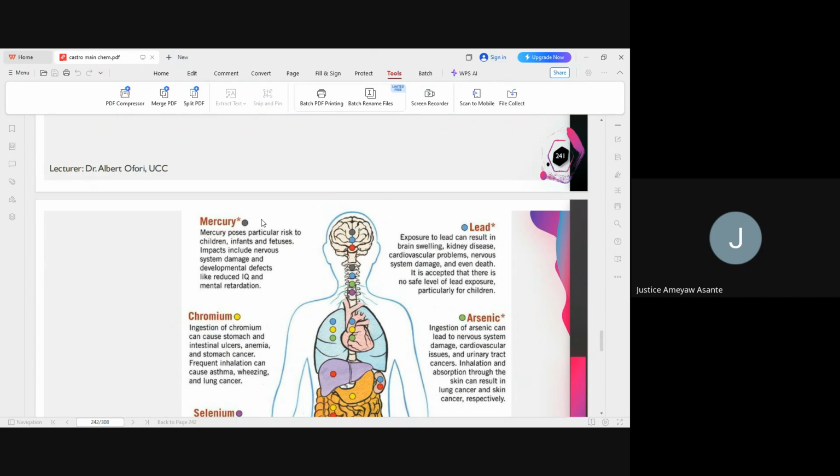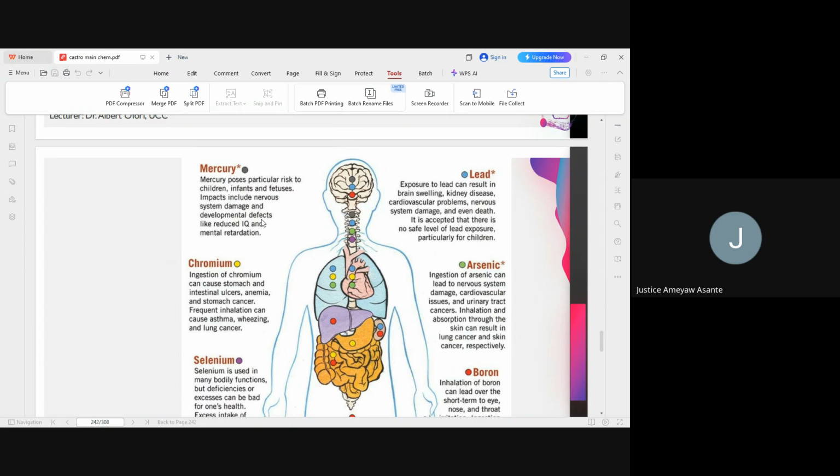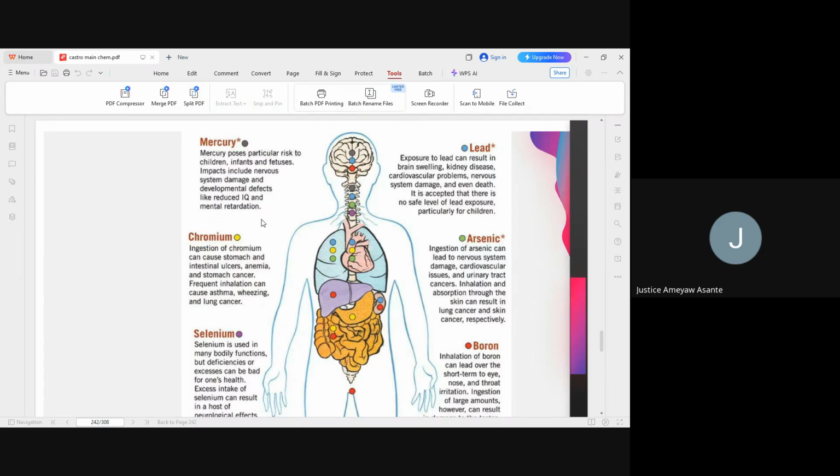Cadmium ingestion can cause stomach and intestinal ulcers and anemia. Frequent inhalation can cause asthma, wheezing, and lung cancer. Selenium is used in many body functions, but deficiency or excess can be bad for one's health.